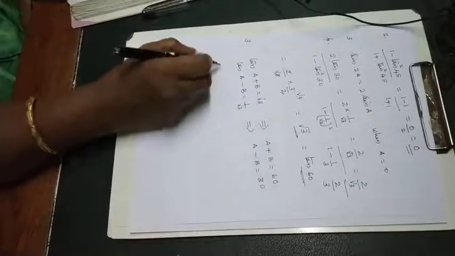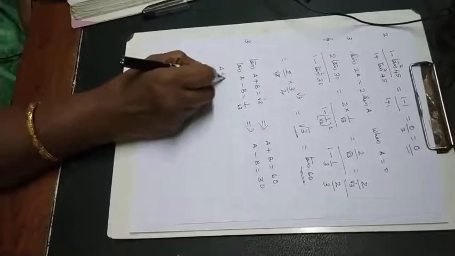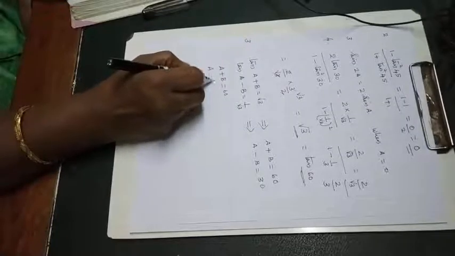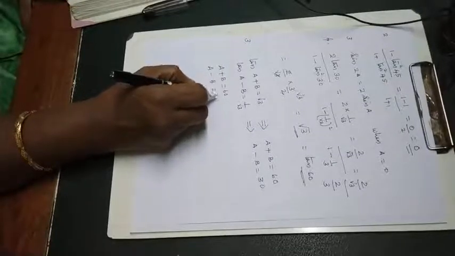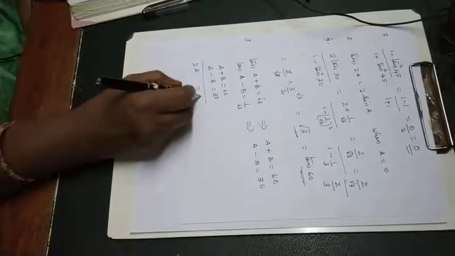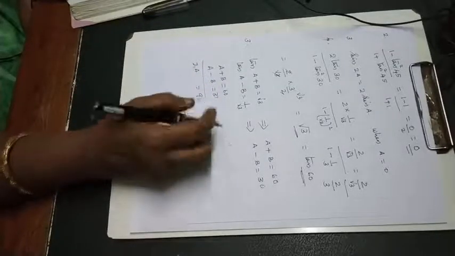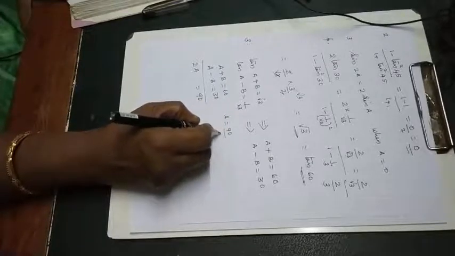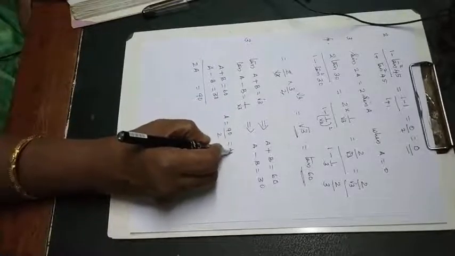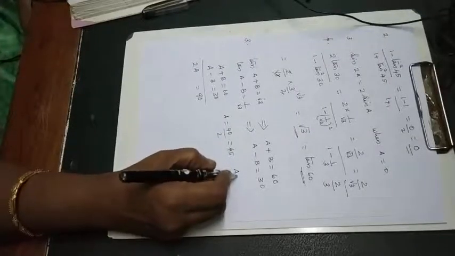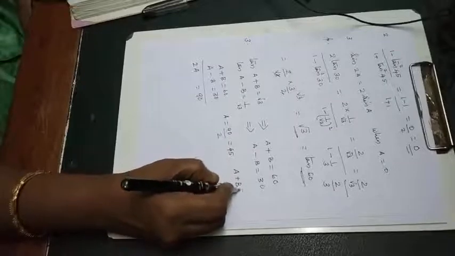Now solve this one. A plus B equal to 60 and A minus B equal to 30. Add that, 2A is equal to 90, B will get cancelled, or A is equal to 90 divided by 2, 45, and A plus B is equal to 60.